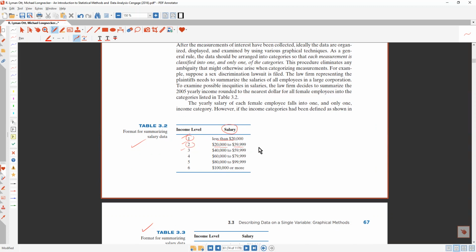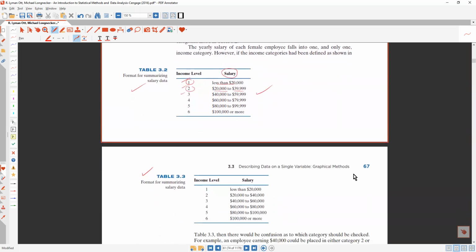Well, there's different ways of presenting this data. Here's one way of presenting it, and here's another way of presenting it over here. And you can look at the differences between the presentations. Notice that this income level over here is 20,000 to 40,000, whereas here is 39,999.